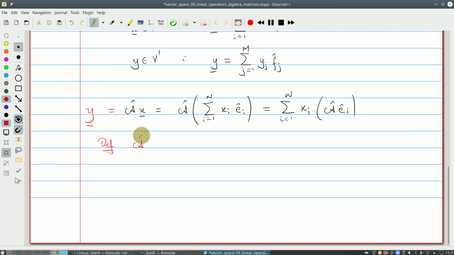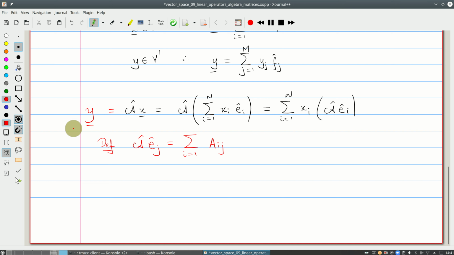A hat operating on Ej hat is defined to be the sum i goes from 1 to m, let's see if I get this right, A ij E. One second, I need to pause this here. I'll come back in a second.